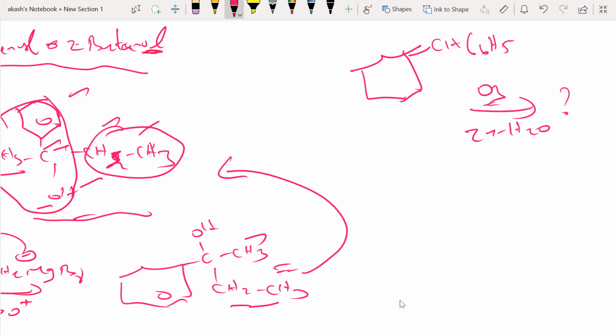What is the shortcut? Check your notes, check your textbook, and tell me what you should do in ozonolysis. Go on. I hope you guys are checking. Please don't sit idle. Check your textbooks. I don't think the shortcut will be there in textbooks, but in your notes it would have been there. I've given you the notes.